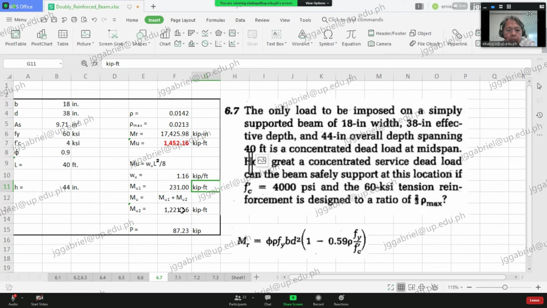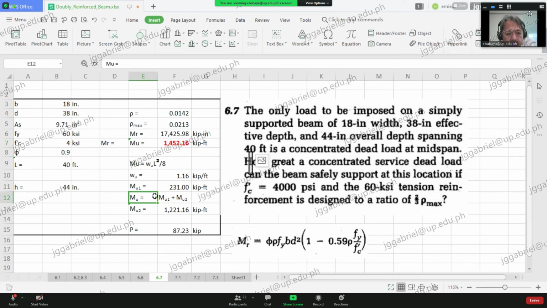Now, this 1,221.16, if we have the ultimate moment, kasi ang tinatanong sa atin, what would be the concentrated load at midspan that the beam can carry? So, yung ultimate moment, which we are equating to the MR or the resisting moment, okay, we have this formula.